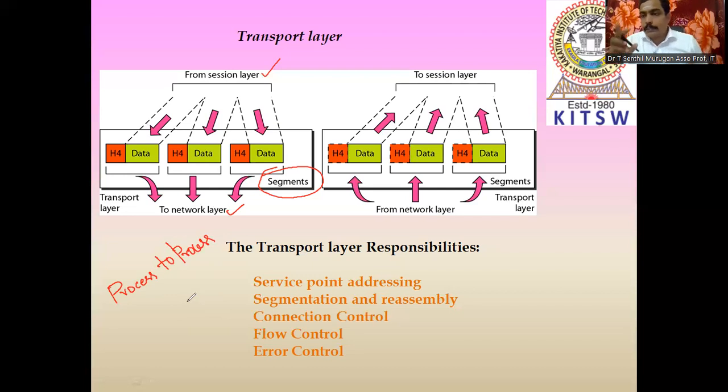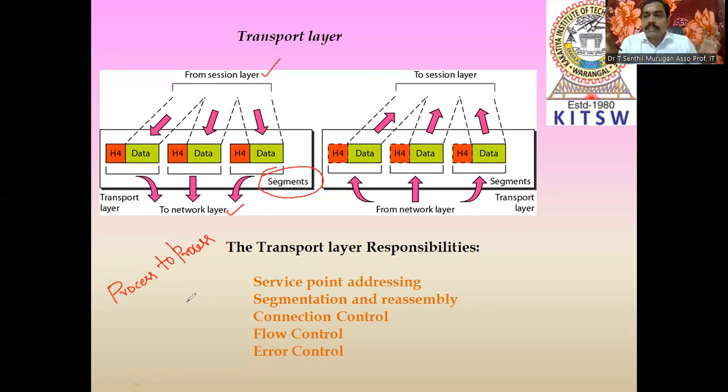The data link layer is responsible for hop to hop delivery. The network layer is responsible for source to destination delivery. But the transport layer is responsible for process to process delivery. What is process to process delivery? On my phone, I am using WhatsApp, and I send a message to you. On your phone, you are using WhatsApp.